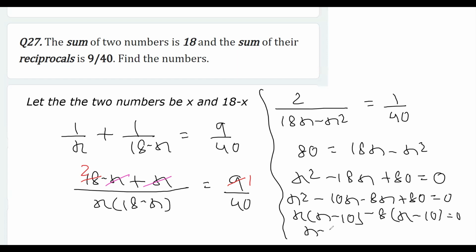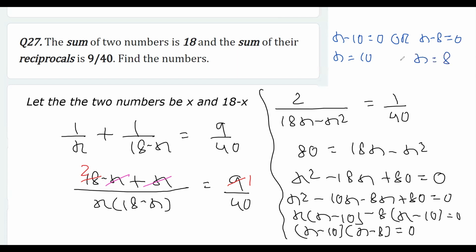Now I can write this as taking x minus 10 common from the whole. Now we have to get the values of x. Equating the first one with 0, I'm getting x as 10, or x minus 8 equals 0, so x is equal to 8.